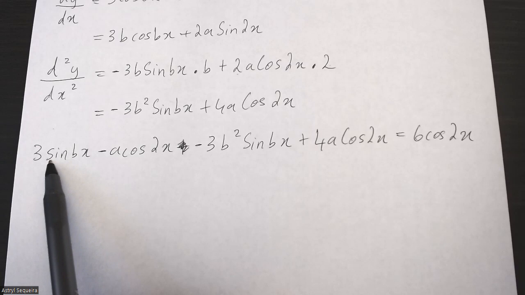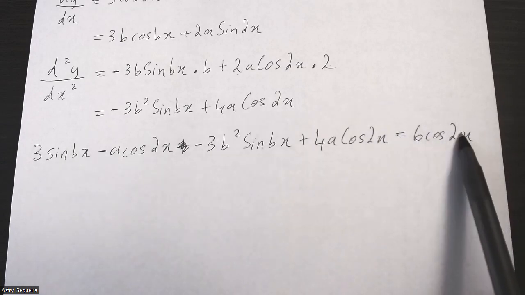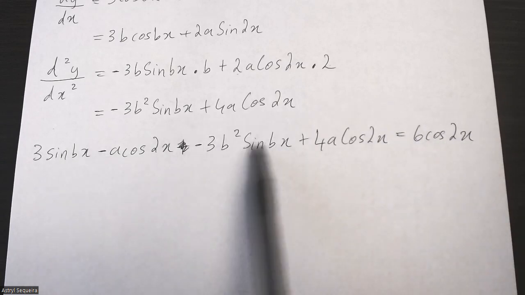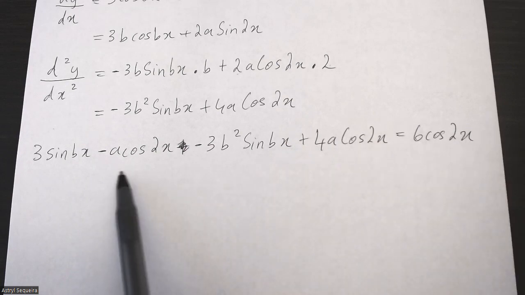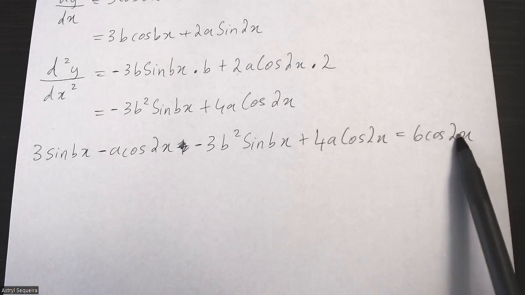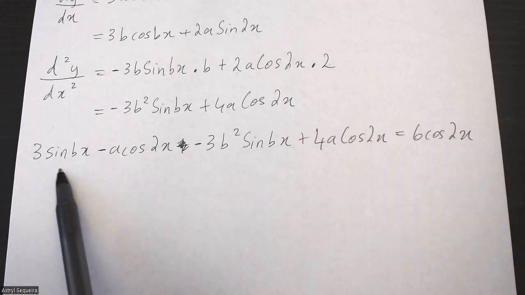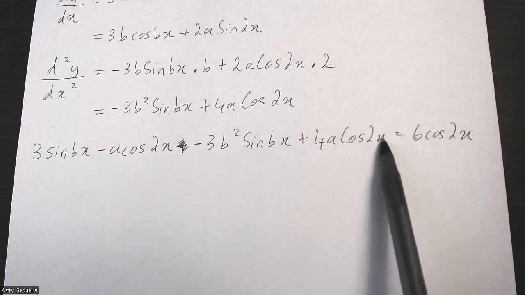Now, if I look at the left side and the right side, the sine terms don't really exist over here, and the cos terms are going to have a solution over here. So technically we can combine like terms over here.